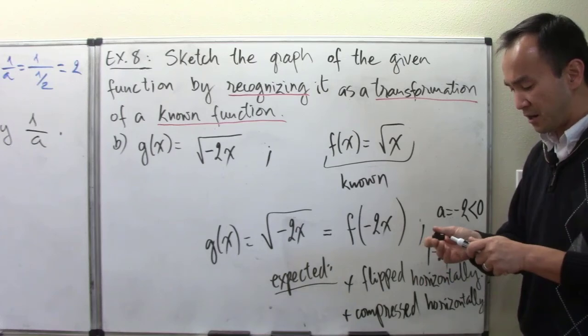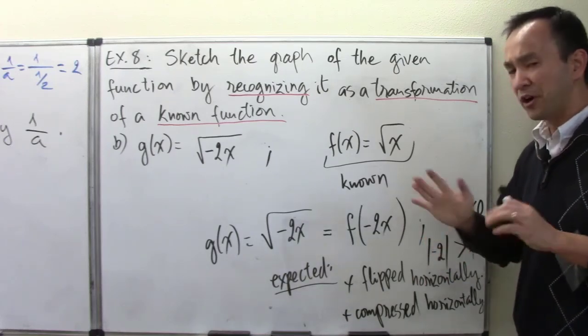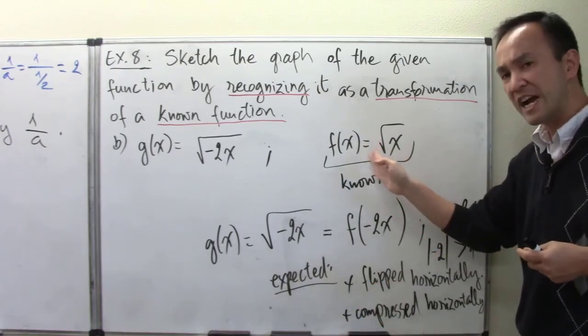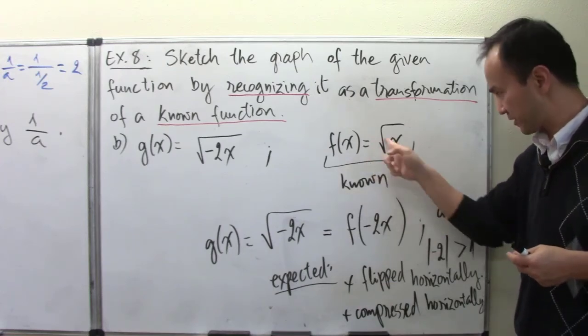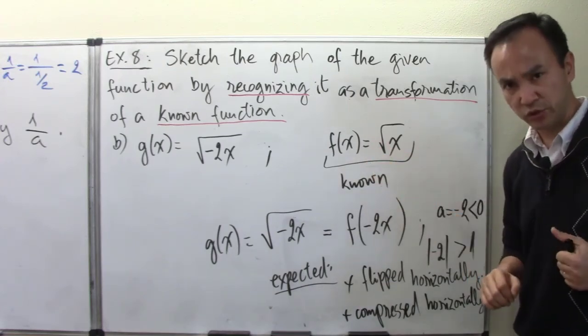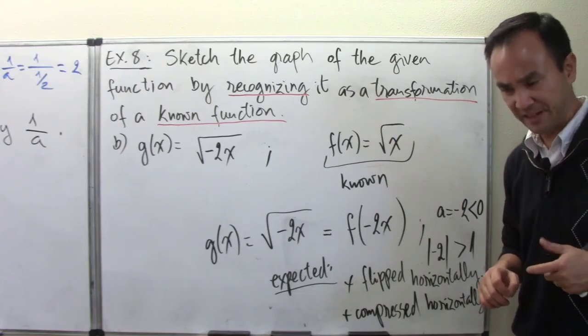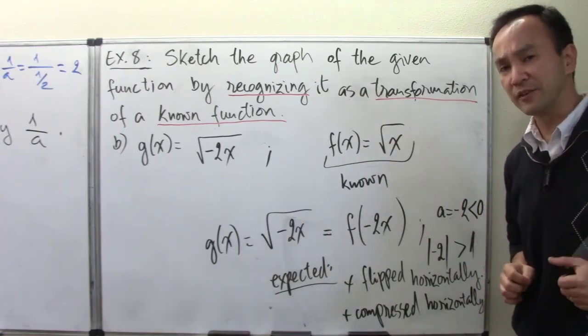Before we move on any further, let's look at the graph of this function, square root of x, to recall the shape of that graph and point out a few guiding points.